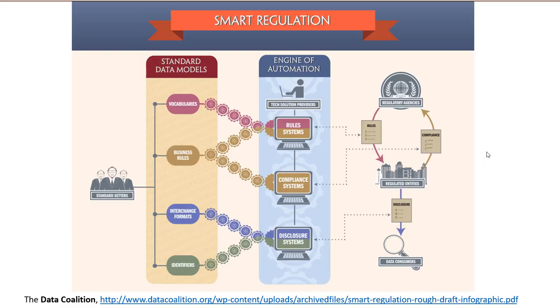So the first image, this is a really good image. The Data Coalition puts it out. There's a link. Again, you can get this from that blog post. If you look here, you see the notion of standard data models and vocabularies, or basically terms, business rules.